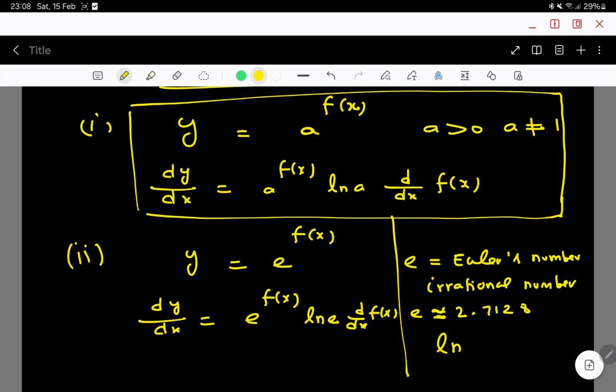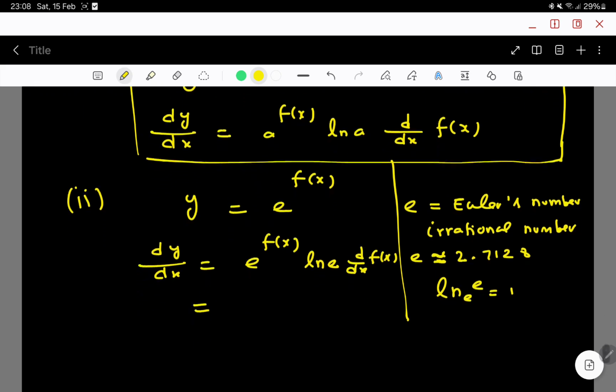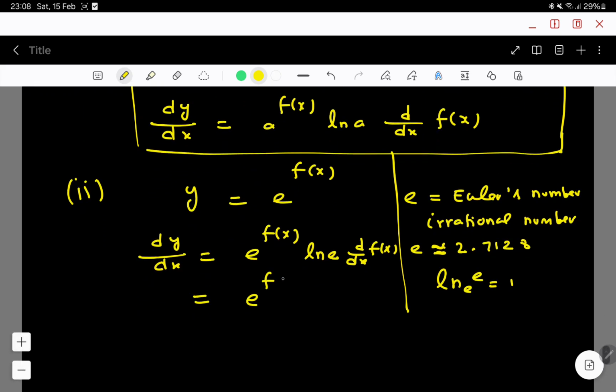Log is a common logarithm, ln is a natural logarithm. So ln e means base is e, that is equal to 1. So we omit this ln e. So e power f of x into d by dx of f of x. That is the exponential rule.